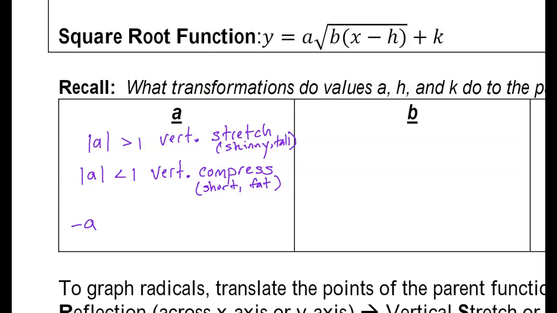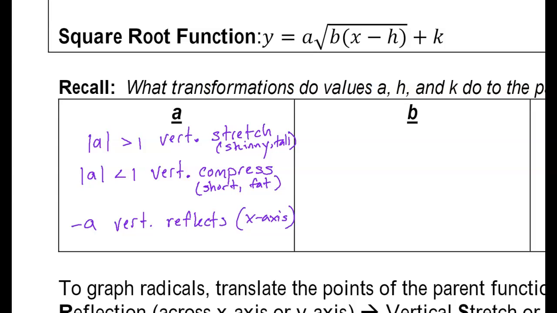It vertically reflects it. Meaning it reflects over which axis? The x-axis. It vertically reflects over the x-axis. Now what about b?